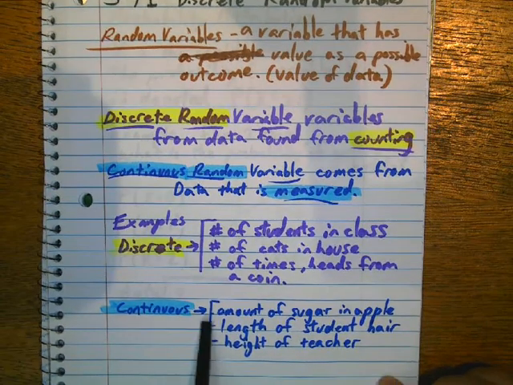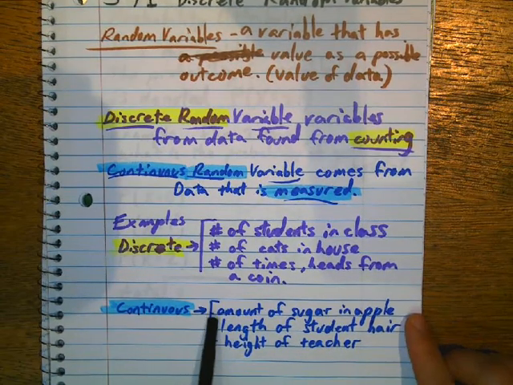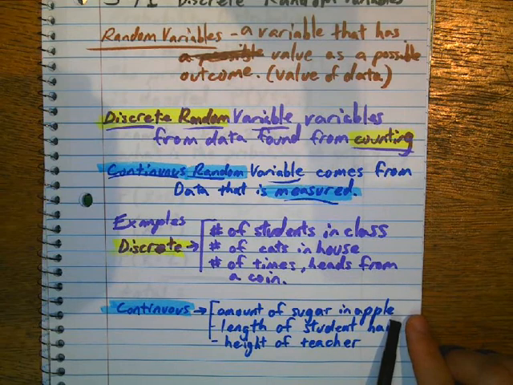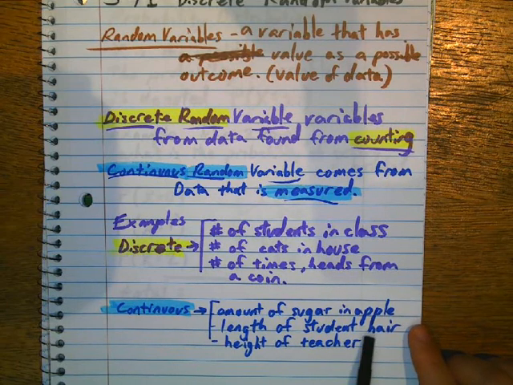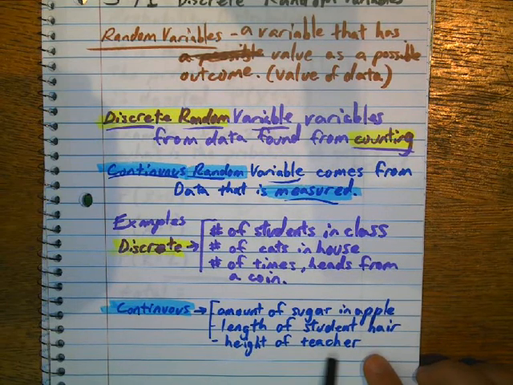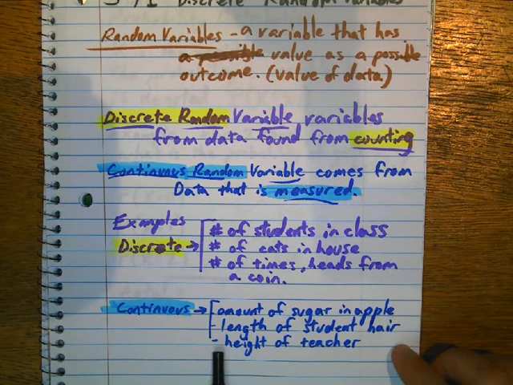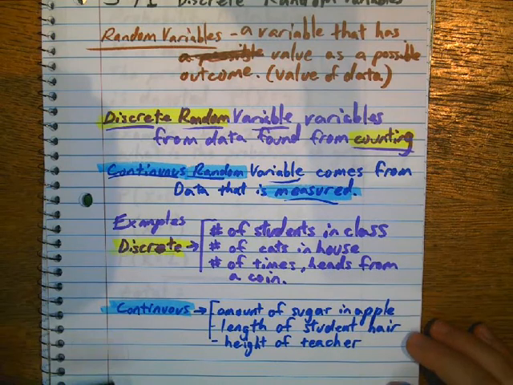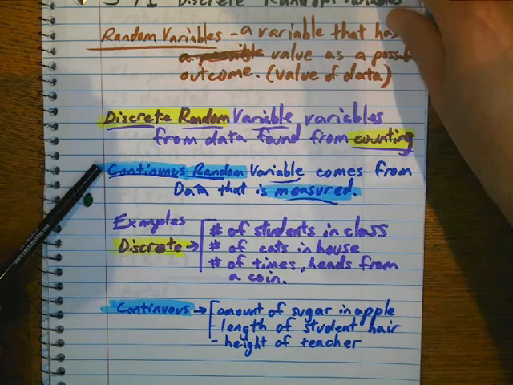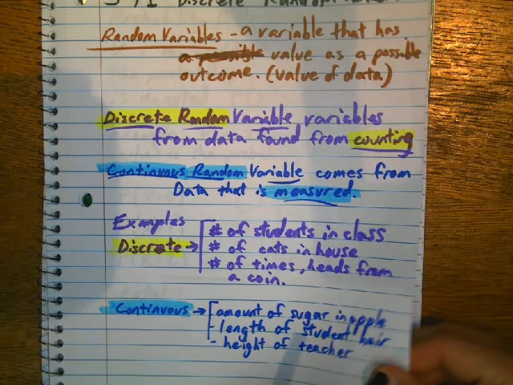Continuous data, here are some other examples. Amount of sugar in an apple, the length of a student's hair, height of a teacher. These are all things that you measure, not that you count. So that's an important distinction between continuous random variables and discrete random variables.